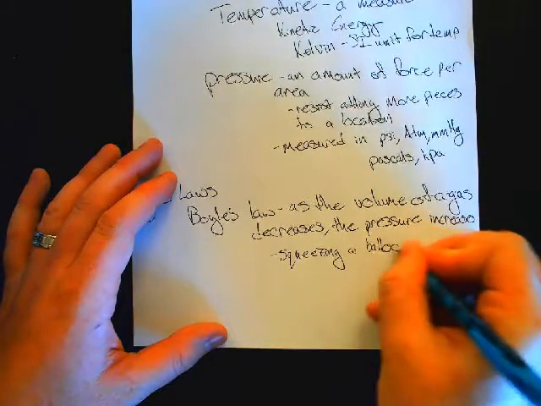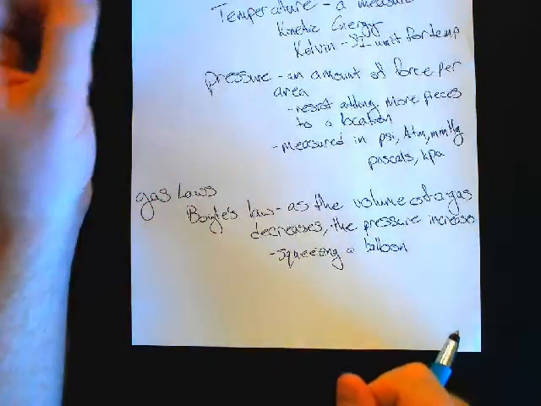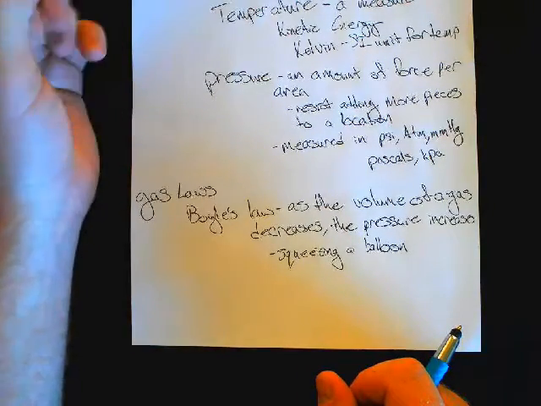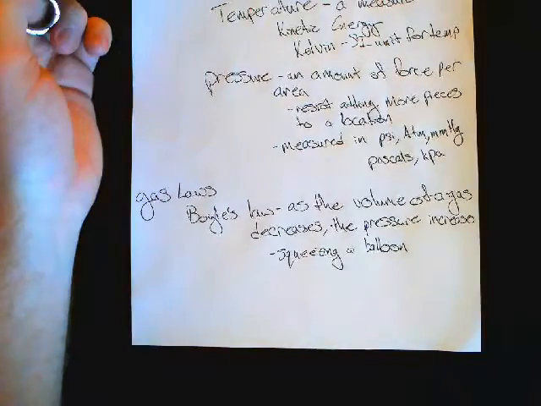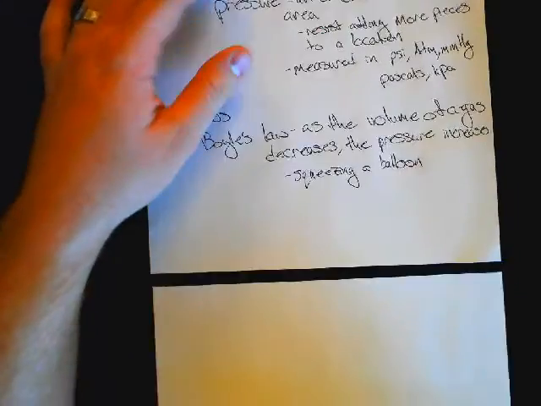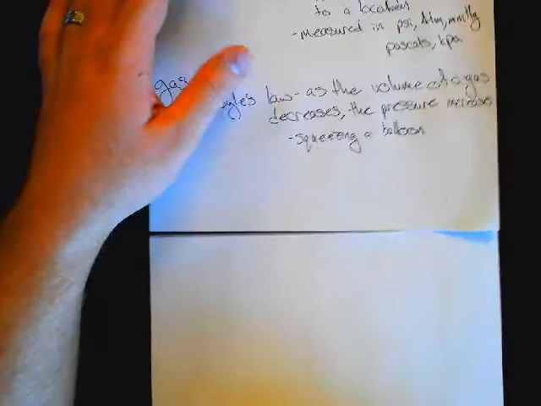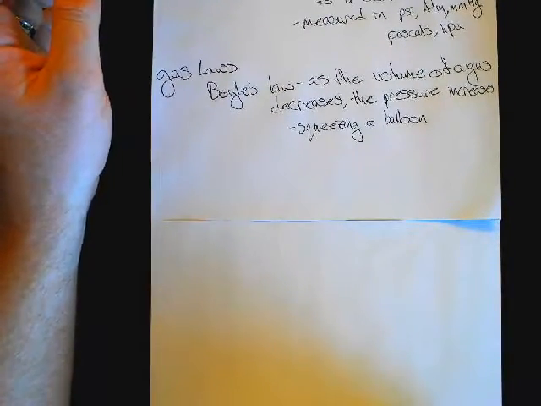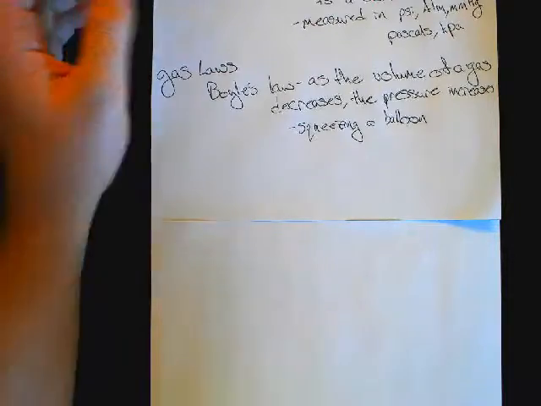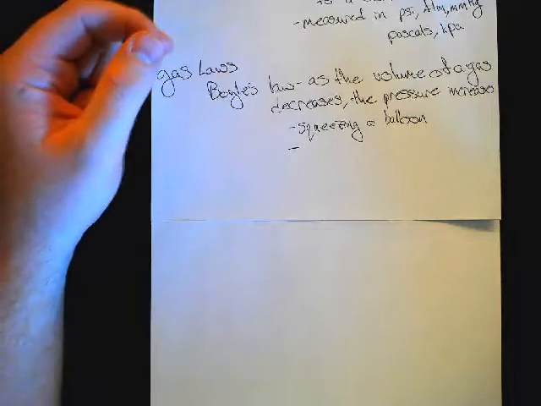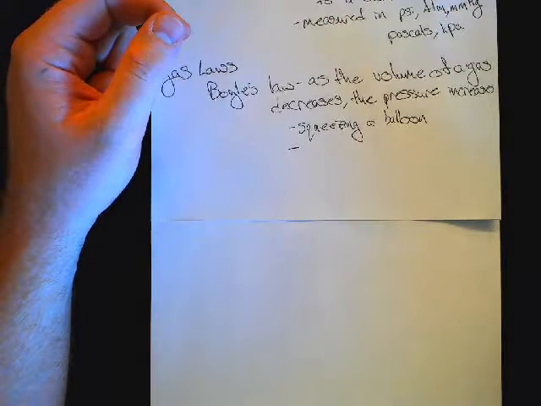Another example. What would be another example of Boyle's law? With lungs, yeah, you could count your lungs because as you physically decrease the volume of your lungs, the pressure has to change.